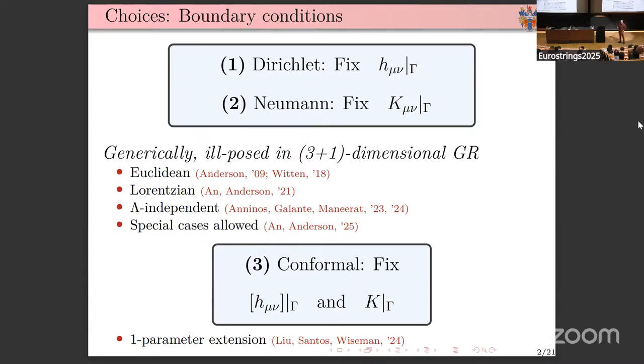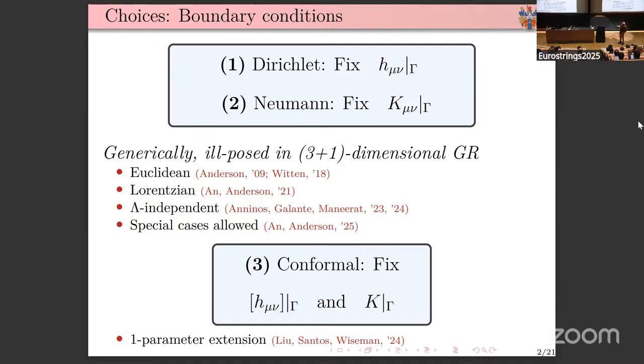Now, it turns out, and some of these results came out quite recently, that generically, these kind of boundary conditions are in fact ill-posed. What I mean by ill-posed, I'll say more in a later slide. But these proofs come from our friends in the mathematical relativity community. And it's in the Euclidean context. This was shown by Anderson some years ago, and later reviewed again by Witten.